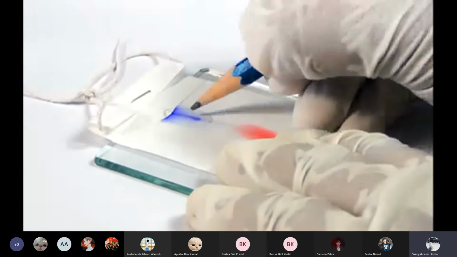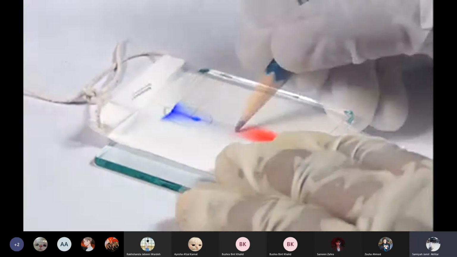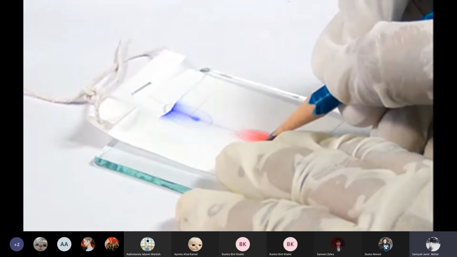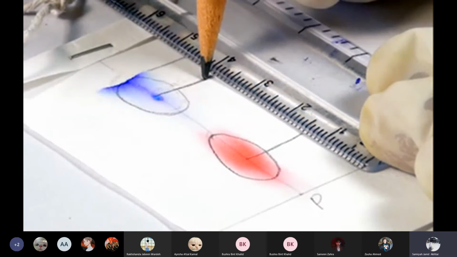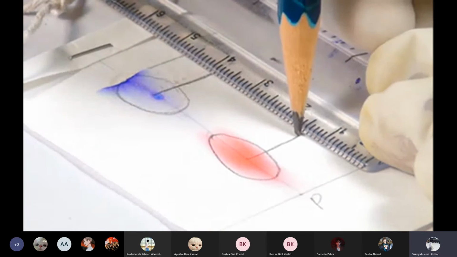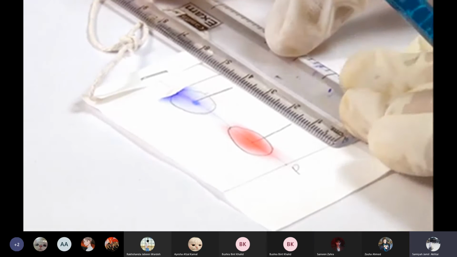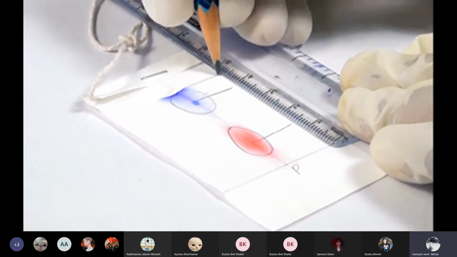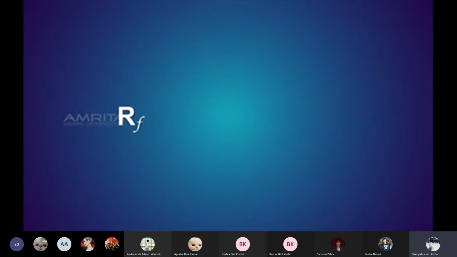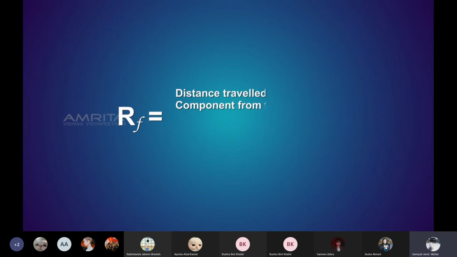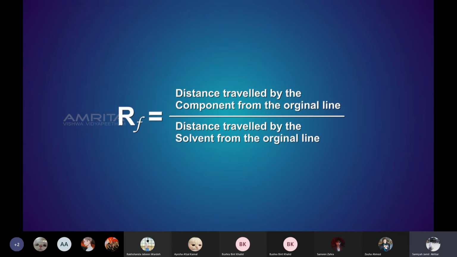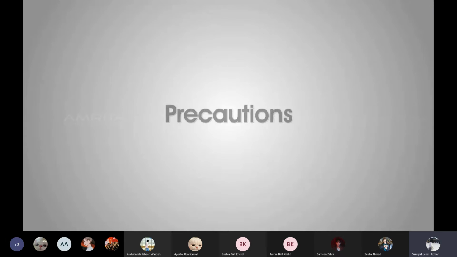Dry the filter paper and put pencil marks on the center of the red and blue ink spots. Measure the distance of the two spots from the original line and the distance of the solvent from the original line. Calculate the RF values of red and blue inks by using the formula RF is equal to distance traveled by the component from the original line divided by distance traveled by the solvent from the original line.